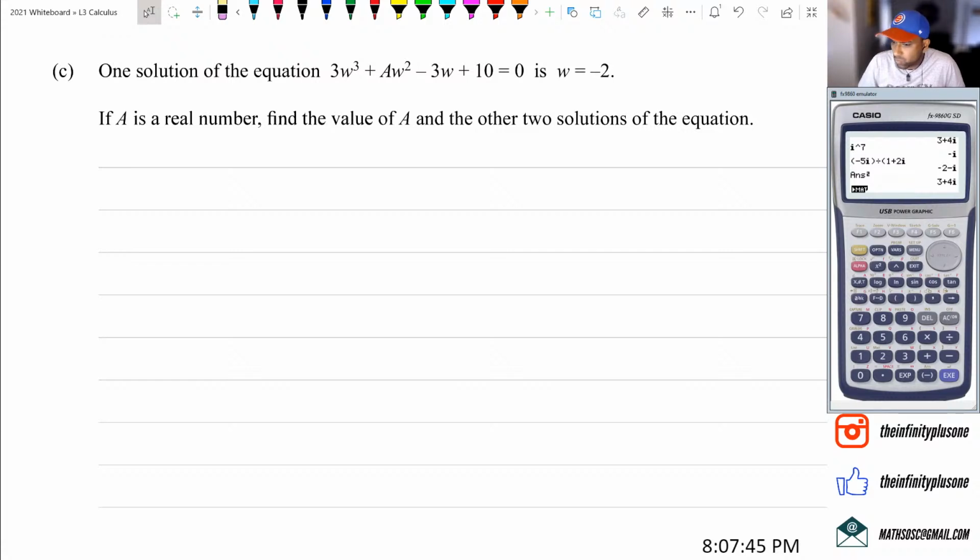Guys, I'm going to give you one more minute and then I'm going to go through this question. I'm just trying to see if there's a shortcut way of doing this, but I'm struggling a little bit with it. Apart from doing long division, I don't know how.